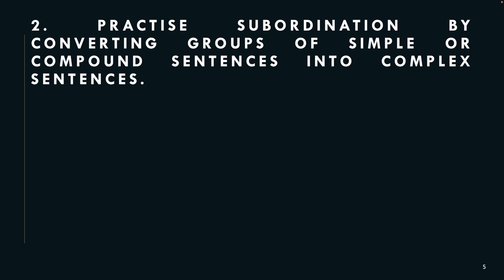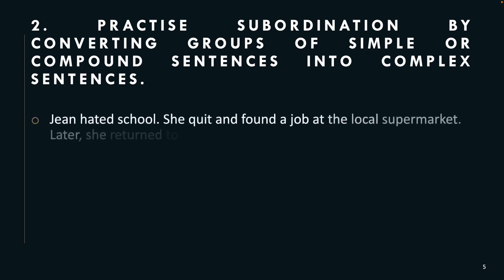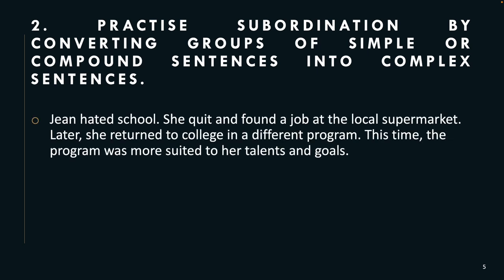Let's take a look at the second example. Practice subordination by converting groups of simple or compound sentences into complex sentences. Jean hated school. She quit and found a job at a local supermarket. Later, she returned to college in a different program. This time, the program was more suited to her talents and goals.